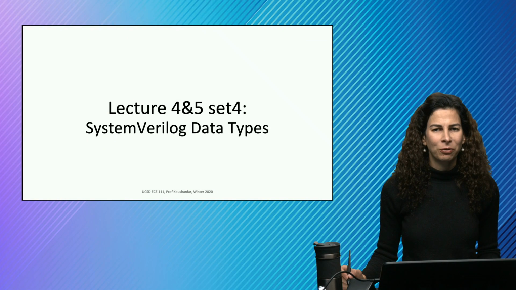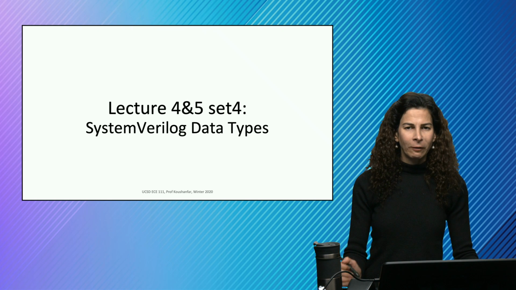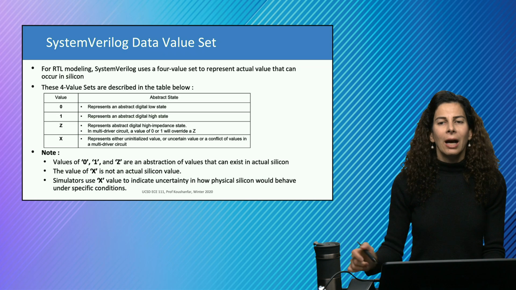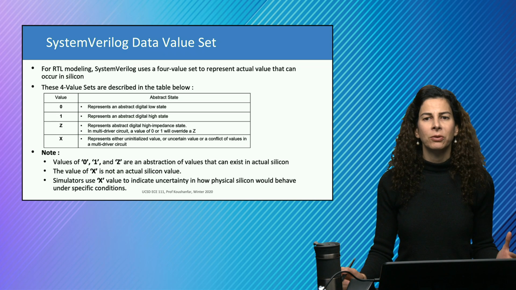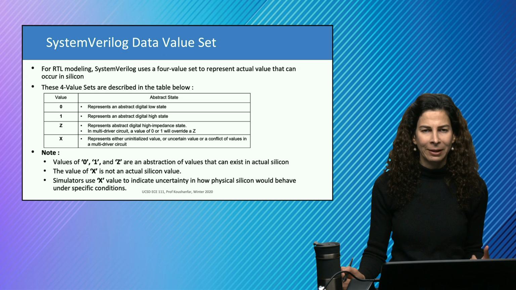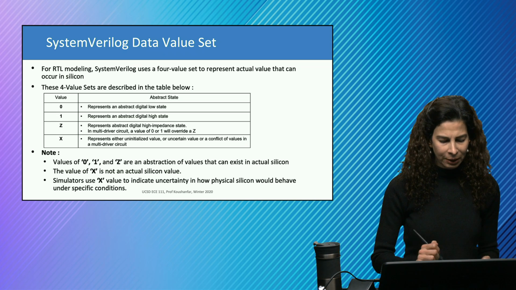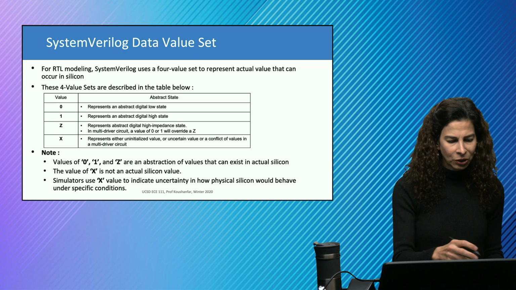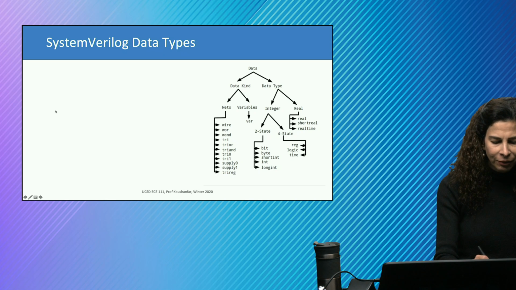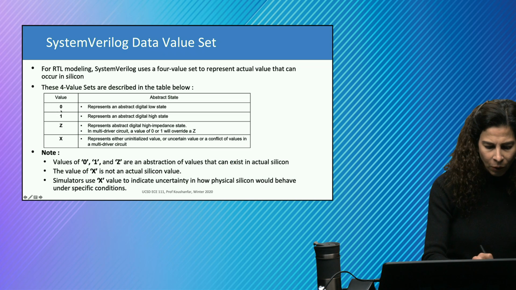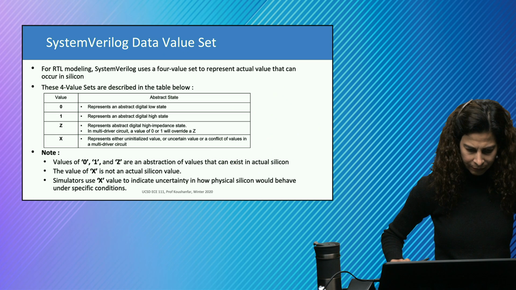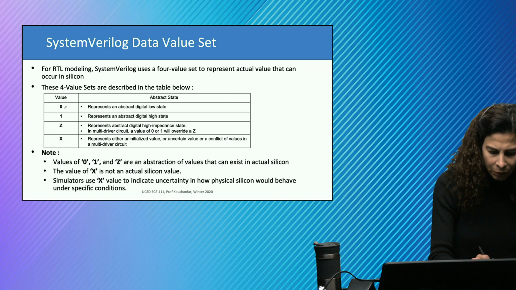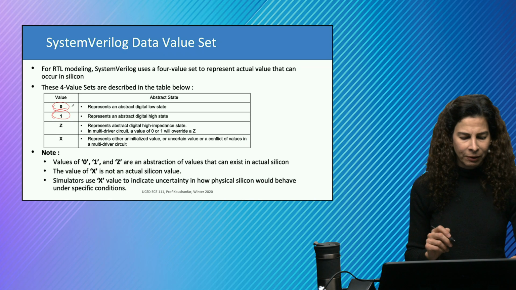ACE 111 Lecture 4 and 5 Set 4, System Verilog Data Types. In terms of the RTL modeling, we could have a 4-value set to represent the actual value. And we've seen this before in earlier lectures. And we just don't have the 0 and 1 like we have in the regular logic.